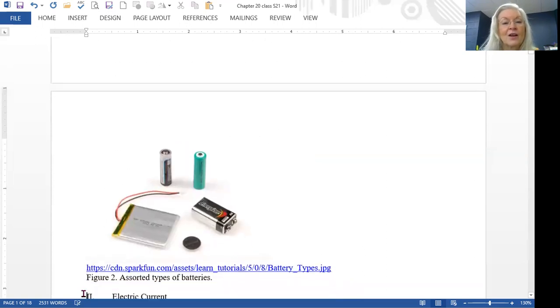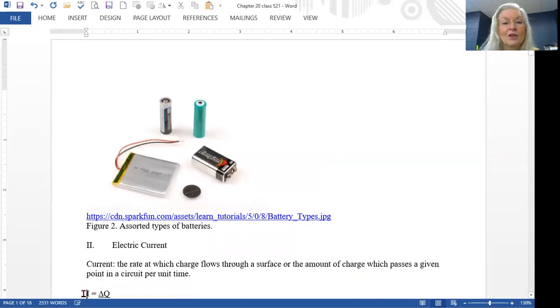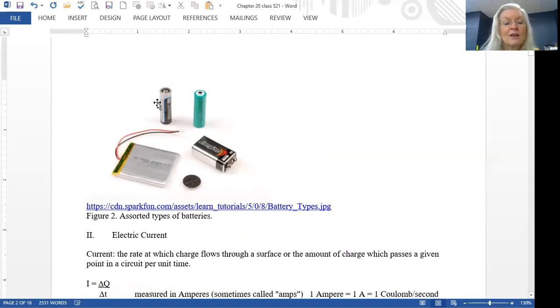All right, so other kinds of batteries, not all batteries look like automobile batteries. Here is an example of probably a AA battery. Notice the green one. The green one just means it's rechargeable. Here's a little 9-volt battery. This is just a little flat coin-shaped battery that you use in all kinds of things, watches and small lightweight items like that.